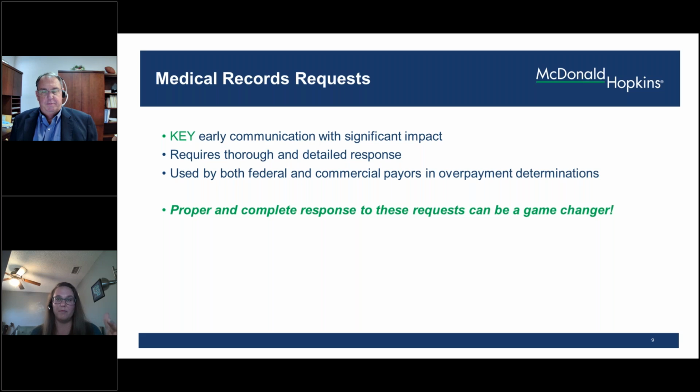So if you have 10 claims over a 6-month period, and for whatever reason the payer determines that those 10 claims are all going to be denied, and this is a very oversimplified explanation because I'm not a statistical expert, we hire people to do the math, if you have those 10 claims all denied, that's what we would consider a 100% denial rate, and that can get extrapolated over that entire 6 months. So instead of looking at an overpayment of just those 10 claims, you could be looking at an overpayment that includes everything from that date of service range that has the same criteria as those 10 claims.